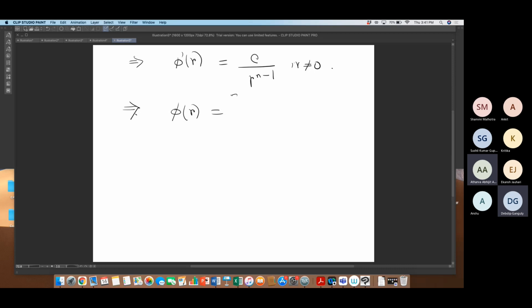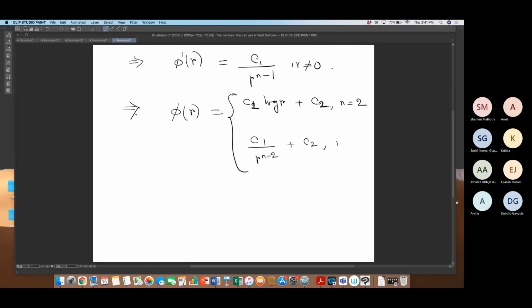Yes, very good. So this will be c1 log r plus c2 for n equal to 2, and for n not equal to 2, c1 by r to the power n minus 2 plus c2, for n greater than or equal to 3.